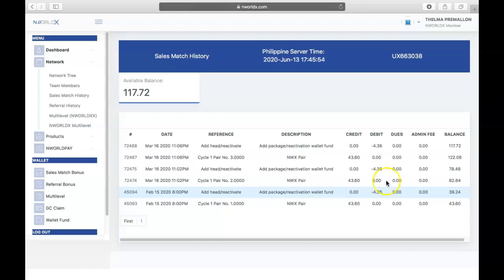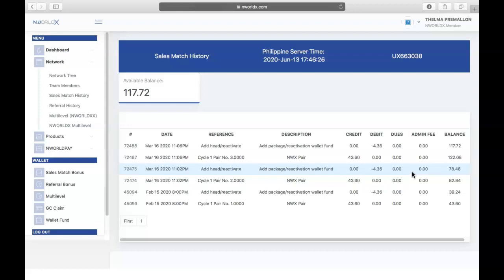Then also the admin fee: the US dollar account is not charged an admin fee. But for other currencies like the Philippines, every time we earn from the matching bonus there will be a corresponding admin fee. For example, if in a day you have 3 matches, only 1 admin fee is charged.